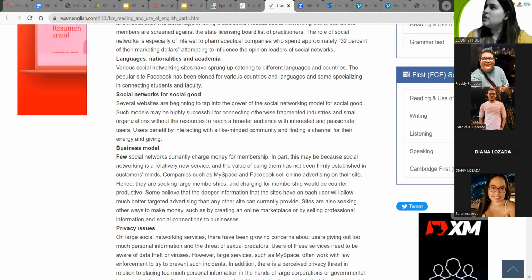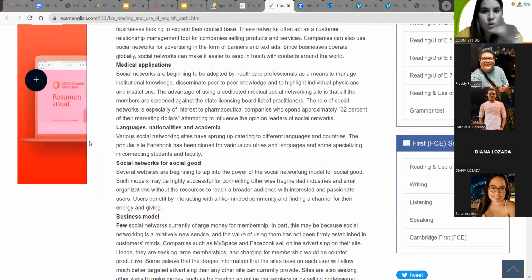these concepts. So scanning is when you actually scan and try to find a particular word, a particular sentence. So for example, you want to look for the word social network, and then you scan really quickly for social network or networking, social networking, or a synonym.